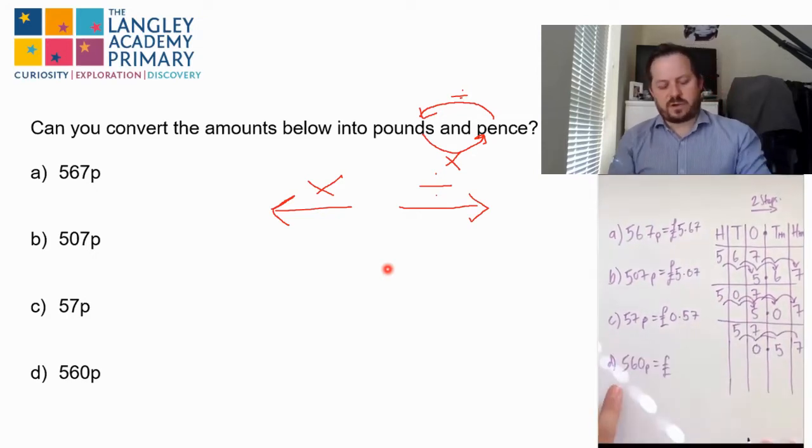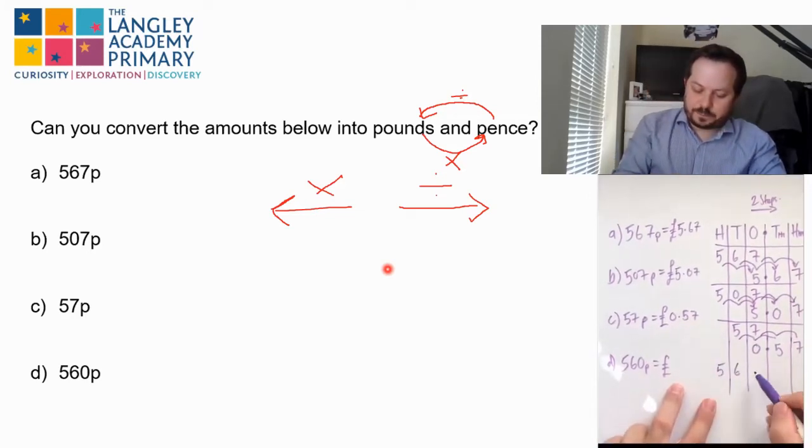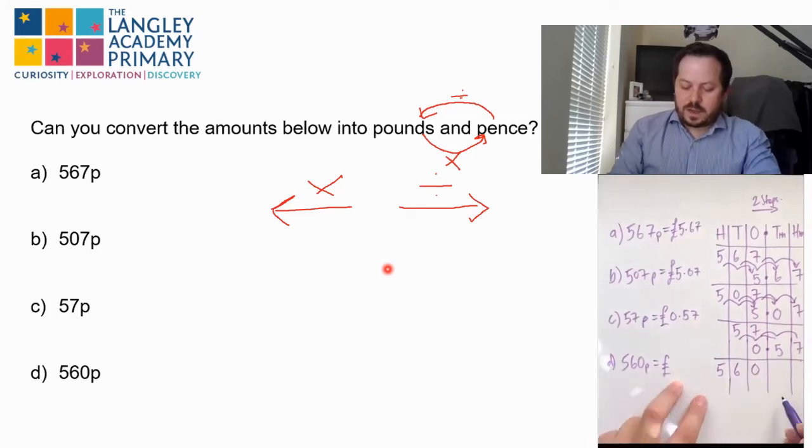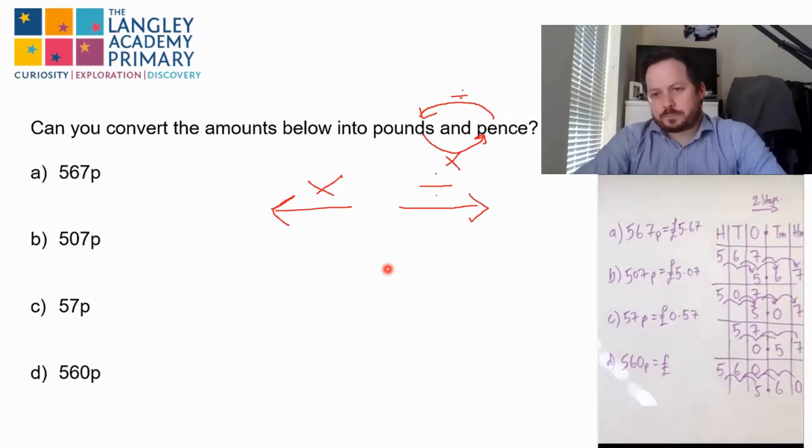The next one down, we've got 560 pence. We are converting into pounds. We do exactly the same thing as we did. And we move 2 steps. 1, 2, 1, 2, 1, 2. Put the decimal point in. Now here's an interesting thing.